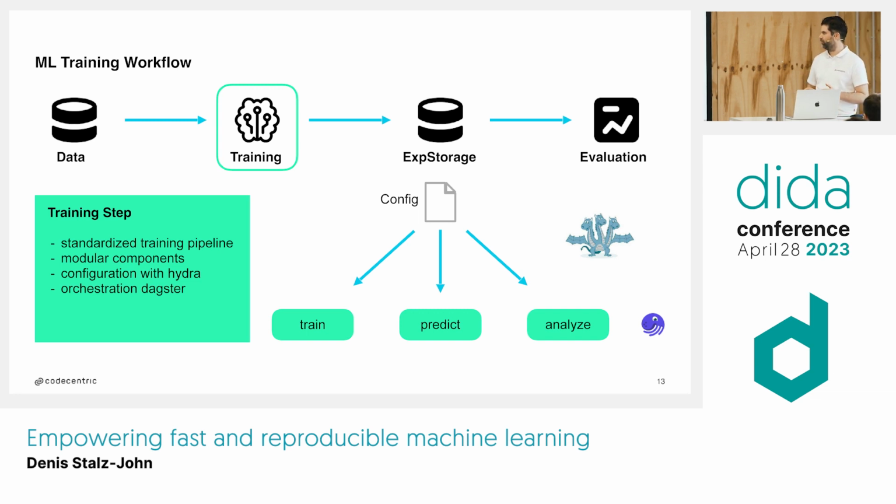And what we want to do is take the same training pipeline for all our customers. So we have a training step, a prediction step, and an analysis step, and each step cares for storing the information.